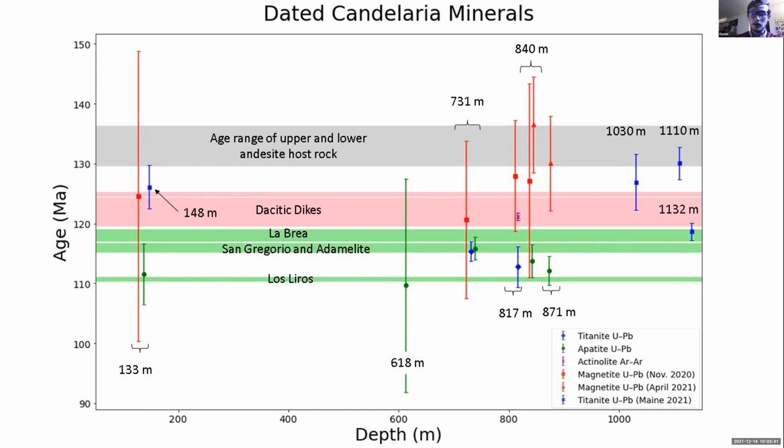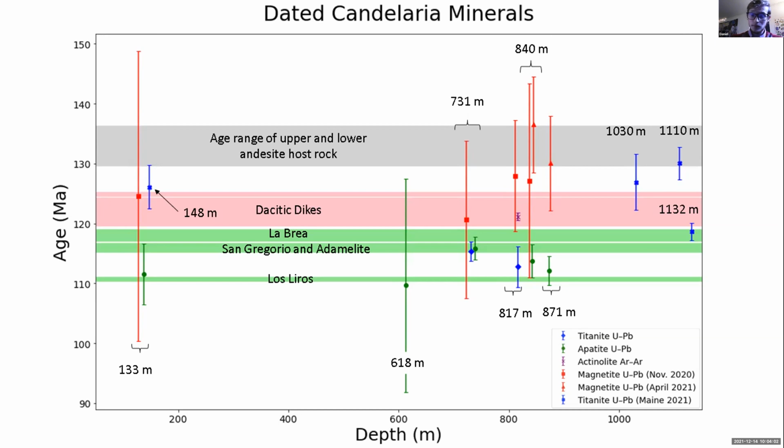Dominantly, it's the Copiapó batholith, where the different units are represented in the light green horizontal bars, and all of those were dated with uranium lead in zircon.